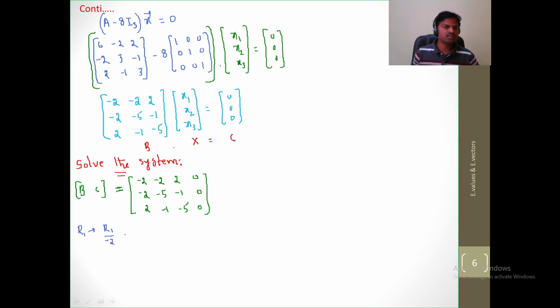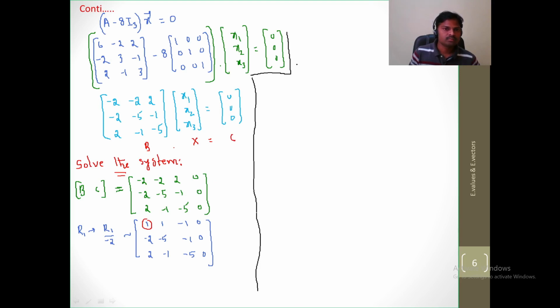That gives 1, 1, minus 1, 0; then minus 2, minus 5, minus 1, 0; and 2, minus 1, minus 5, and 0. Now the first non-zero entry became 1, and the remaining two column entries must be zeros, so let us make those two zeros.